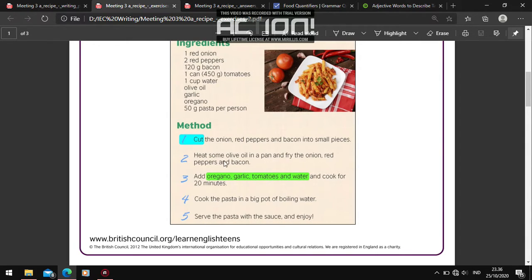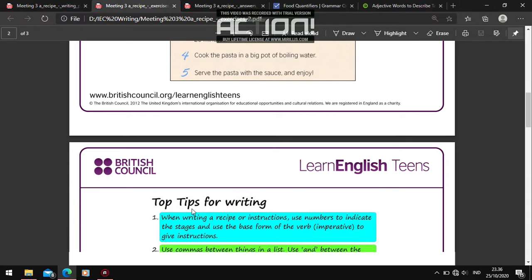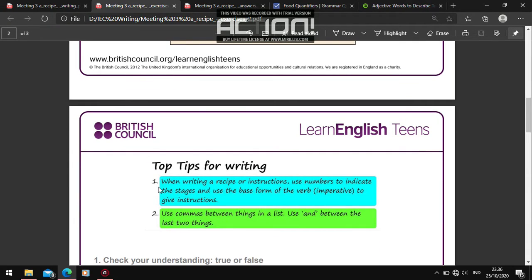Okay, so here there are two highlights. The first one is the blue one, the second one the green one. See the highlights, they are tips in writing. First one, they say when writing a receipt or instructions, use numbers to indicate the stages and use the base form of the verb or imperative to give instructions.